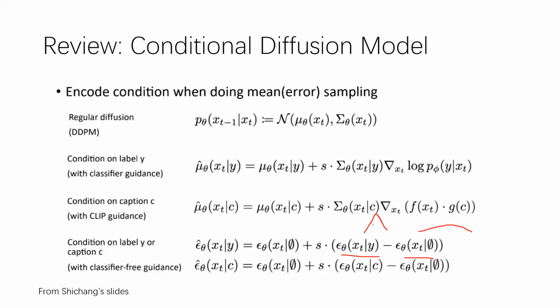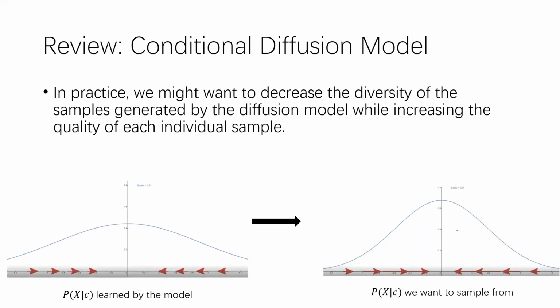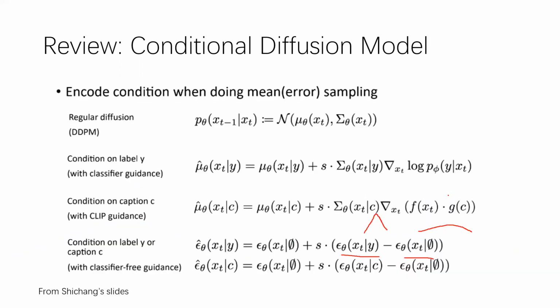When you use this distribution minus this distribution, the result will be more like this one. So you emphasize the parts that are unique to this label Y or caption C. That's the equation behind this classifier-free guidance.